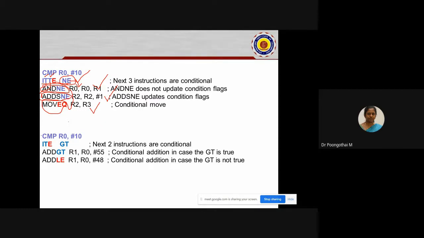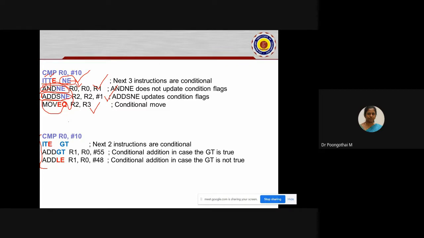So consider this example. Please analyze these three statements and tell me, how many instructions are conditional here? Two, ma'am. What are the instructions? ADDGT and ADDLE. ADDGT is add greater than, ADDLE means add lesser than.